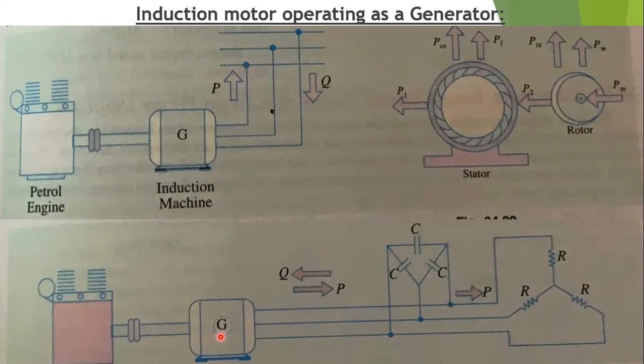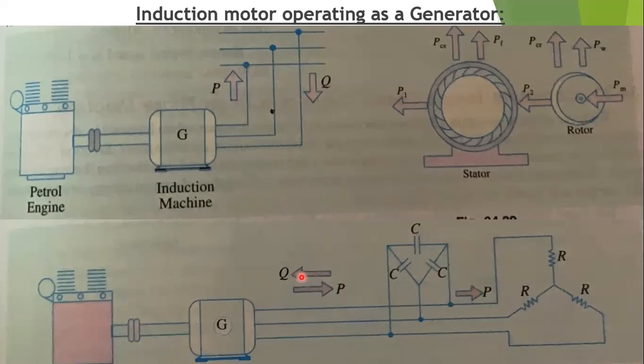If it cannot create its own magnetic flux, what happens? It cannot develop EMF. It cannot develop EMF means it cannot deliver electricity to the load, right? Do you understand?